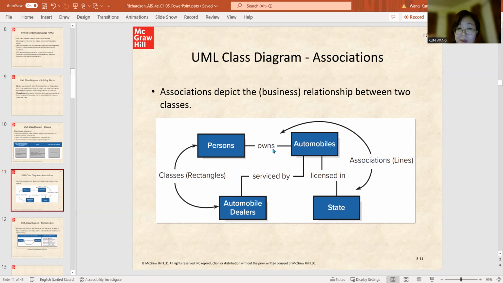Again, remember, this is not a real activity model. We are extracting the data, but the data is triggered by the activities. For example, the person, or you can say maybe customer, owns the cars. So the person is the owner of the cars.